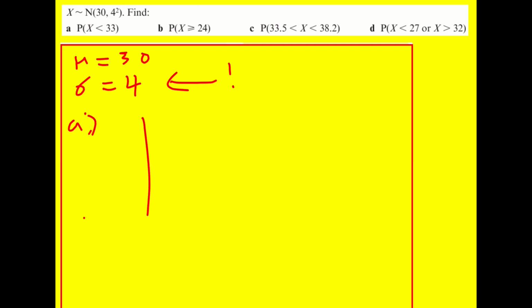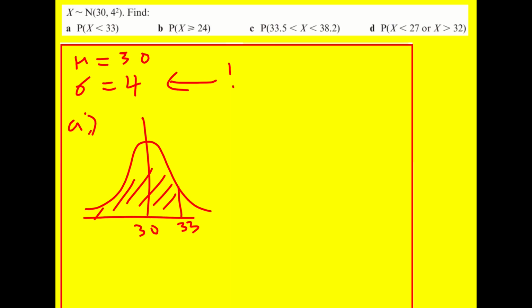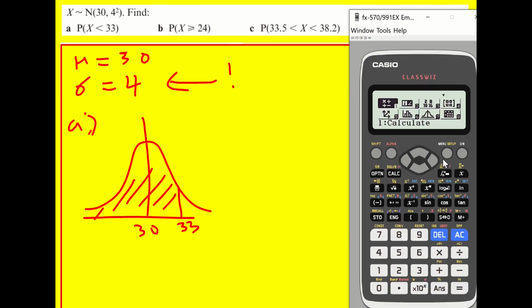So I'm going to draw my normal distribution. I've got 30. I've got a bell-shaped curve, just roughly, less than 33. So I know my answer is going to be greater than 0.5. But the rest of it, I can just get my ClassWiz out. Normal CD, lower limits, it's a less than, so it's going to be a big negative number.